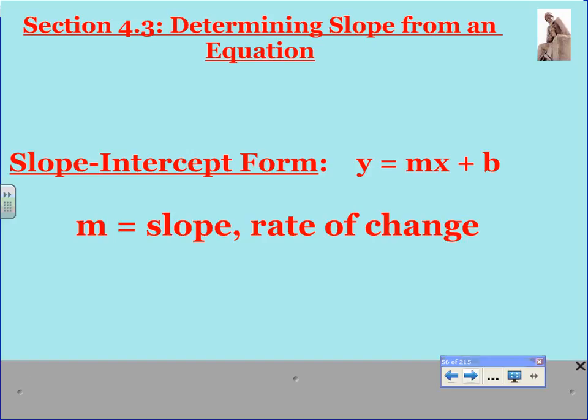So slope-intercept form is y equals mx plus b. M is slope, which you can also say is rate of change. Okay, everyone good with that?